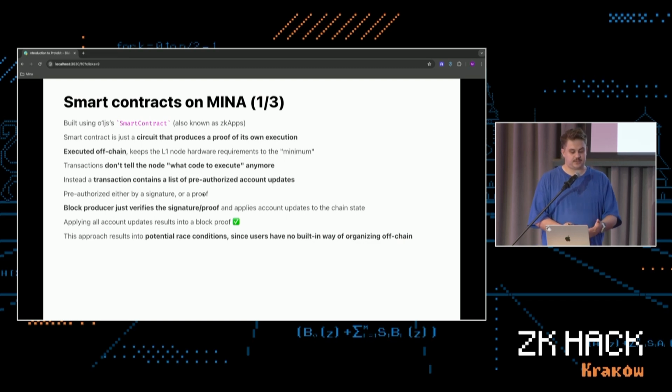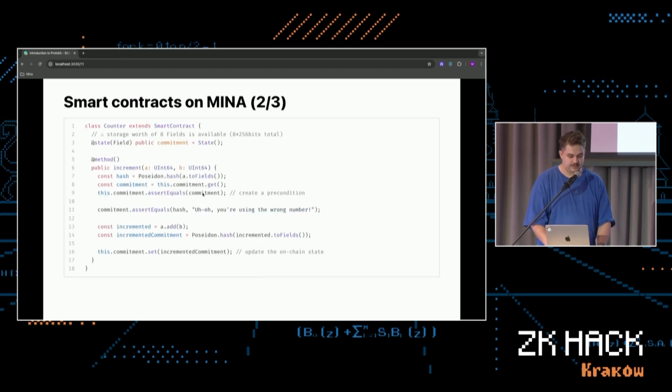And if you imagine two users trying to interact at the same time with the same contract, creating valid proofs of execution on top of the same data, and submitting them at the same time to the chain, then the first transaction invalidates the second one in most of the cases because they have computed the proof on top of the same data, but they transition from state A to state B, and then the second transaction tries to transition from state A to state C, so we have something that we call invalid preconditions.